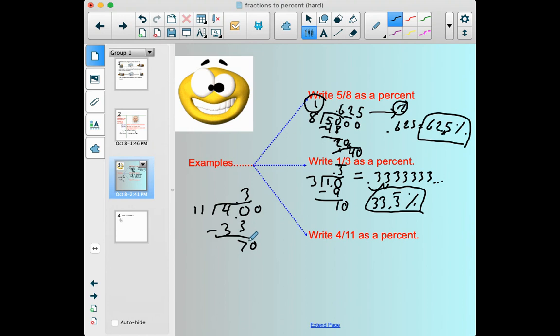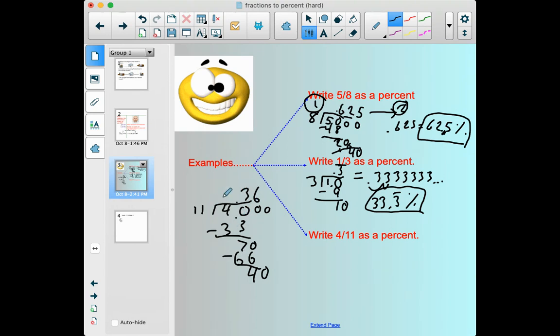11 goes into 70 6 times. Okay. 6 times 11 is 66. When I subtract that, I get a 4. Which means I bring down another 0. Well, I know I've already done 11 into 40. 11 into 40 is where I started. 11 went into 40 3 times.